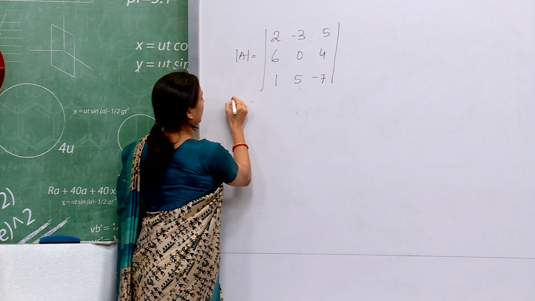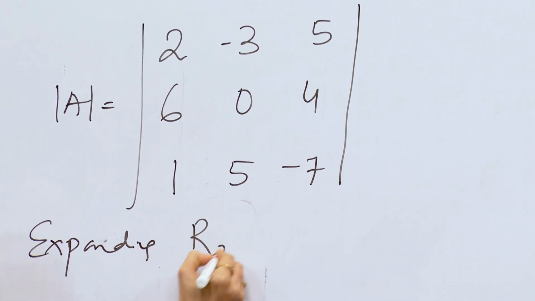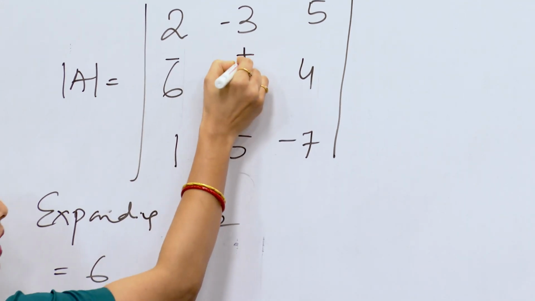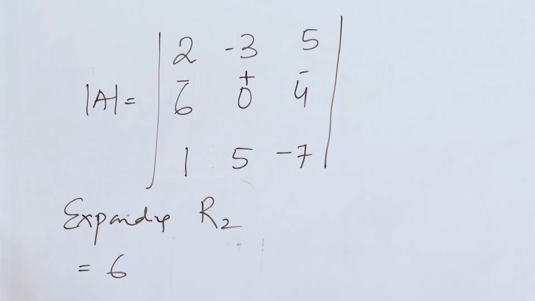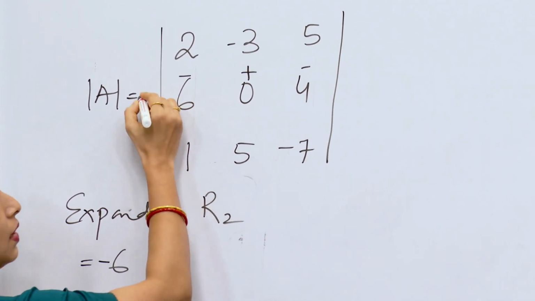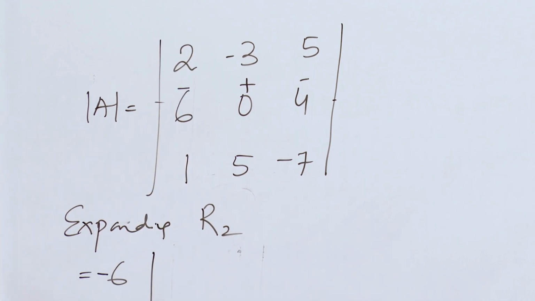So, if I expand row 2, you have to be careful with the positional signs. So, this is minus, this is plus and this is minus, right. So, minus 6, the element, and for the determinant I have told you to delete the row and column in which the element exists.